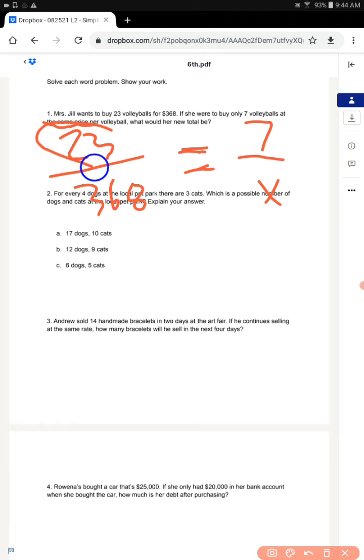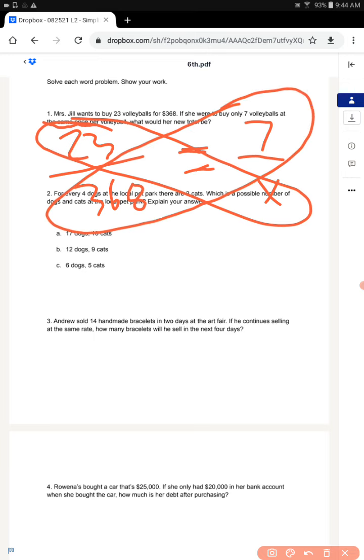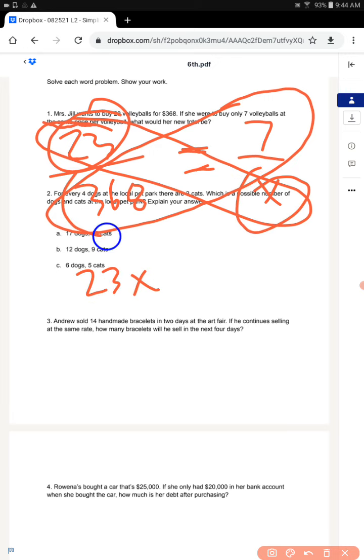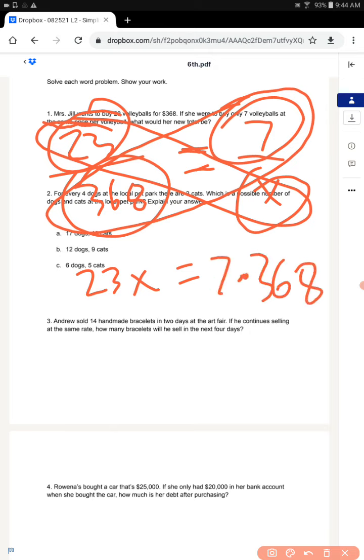And what we can do is cross multiply. So we multiply these two things together, 23x, and we multiply these two things together, equals 7 times 368.